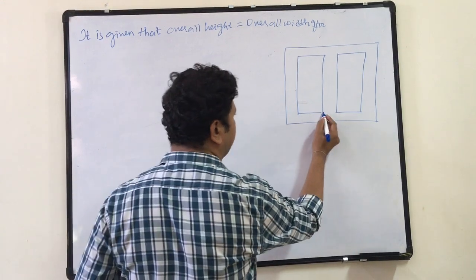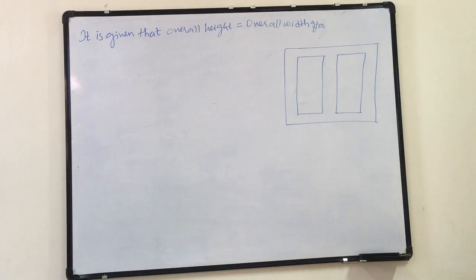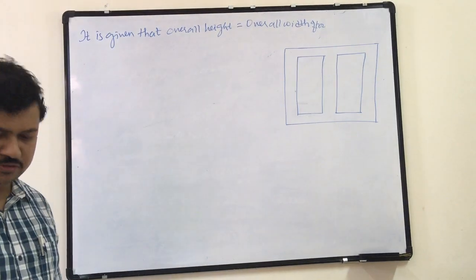This is a three-phase core-type transformer which has 3 limbs, 3 cores, 2 yokes and 2 windows.